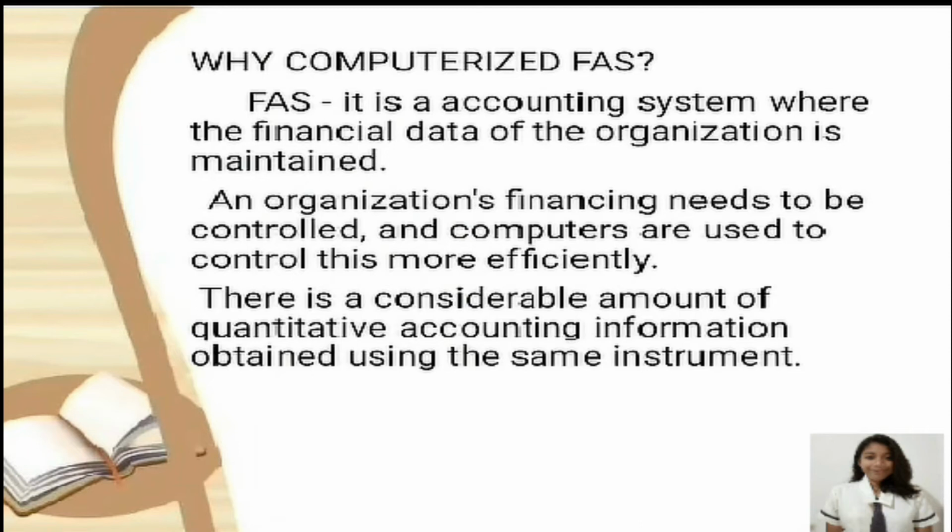So first is ato ang meaning sa FAS. So ang FAS or financial accountancy system, it is an accounting system where the financial data of the organization is maintained. So maintained kanang meaning dito na gi-organize na, di ba? Financial accounting system gi-organize na.